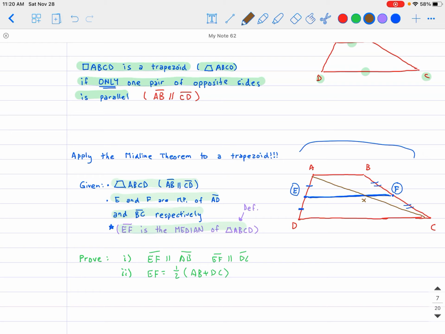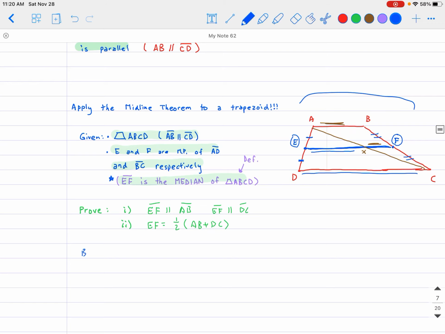If I create that, then we can say that XF is going to be half of AB. In addition to that, we can say that EX is going to be half of DC. Then by the addition property of equality, we can add them all up. So let me write that out here.